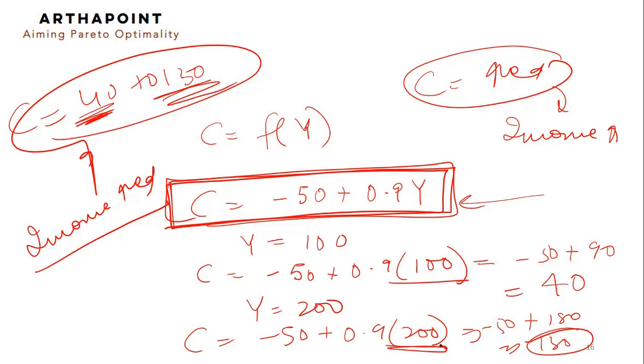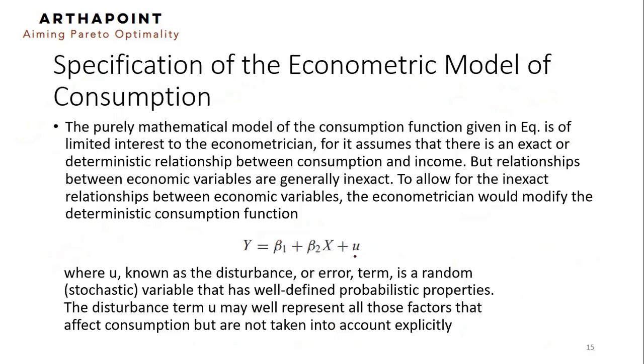So this means that there are certain factors that are not included as part of this equation, but they also affect my consumption. All those small factors that affect your consumption, not majorly, but they do affect it, have to be taken care of. And that is where I introduce a term known as an error term.